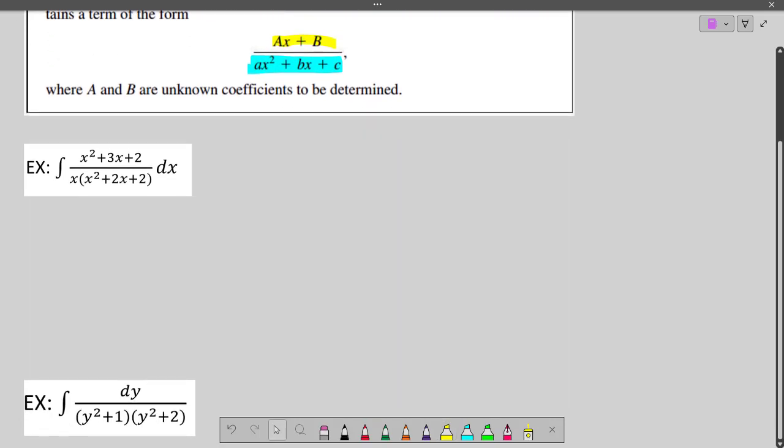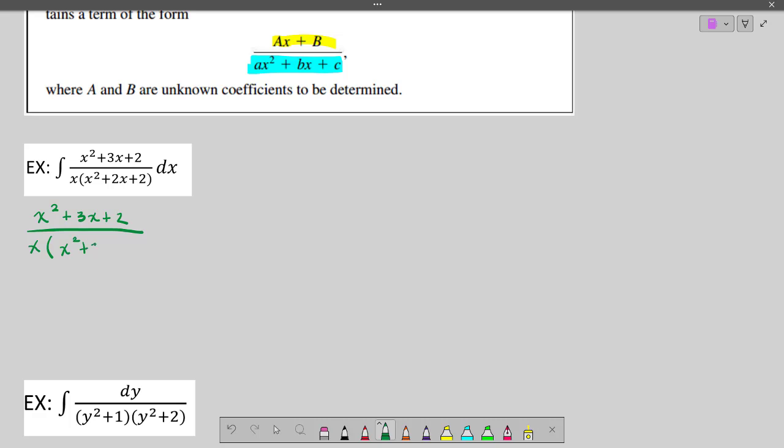So let's try one. So right here, we take our integrand. Oh, there's a linear factor, right? x, that's a linear factor. And now here's a quadratic factor. How do you know if a quadratic factor is irreducible?